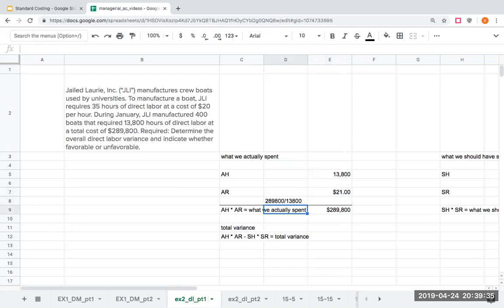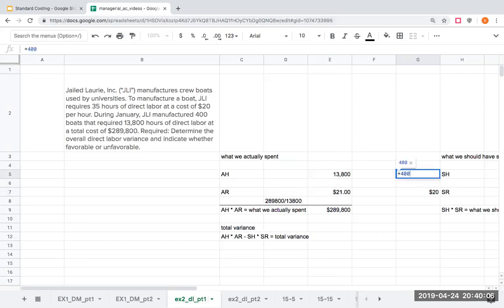The next thing I'm going to ask is, how much should we have spent to make 400 boats, and how many hours should we have spent? Now I know my direct labor standard rate is $20 per hour. But how many hours would it have taken to produce 400 boats?